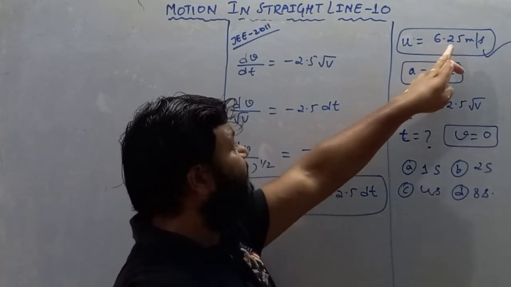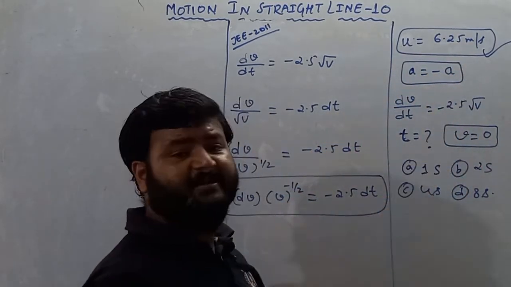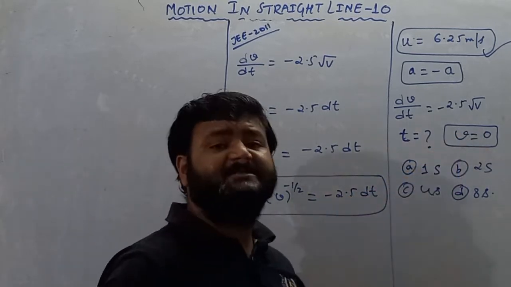So the limit of initial velocity must be 6.25 and the limit of final speed must be 0.